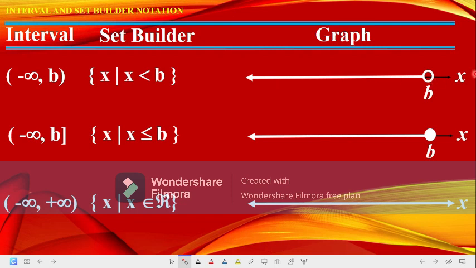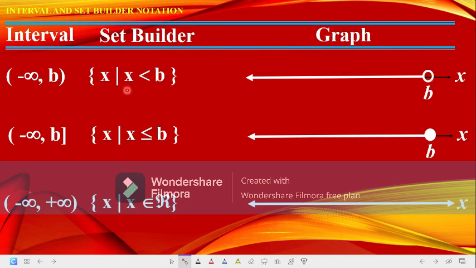So if it goes in that direction, it goes to negative infinity. So we have the open parenthesis, negative infinity, then B, then close parenthesis. We use the close parenthesis because it is an open circle or hollow circle.